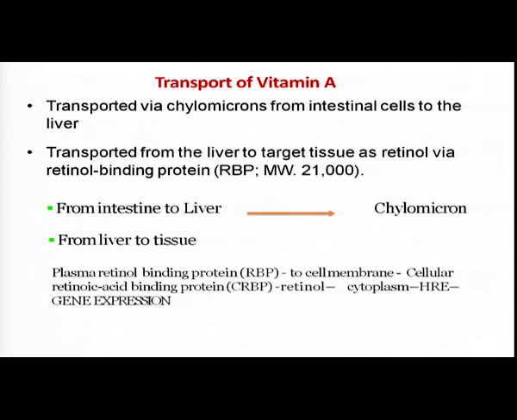In our case, vitamin A is constantly needed by your ocular system, for the eye, for the vision. So, from intestine to liver, transportation occurs through retinol binding protein.